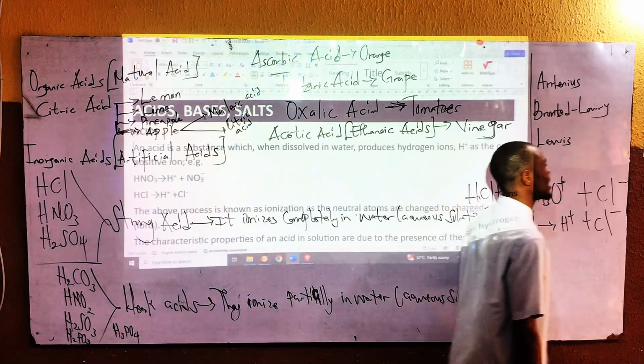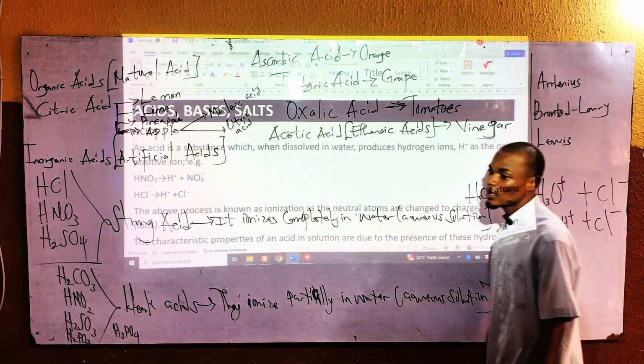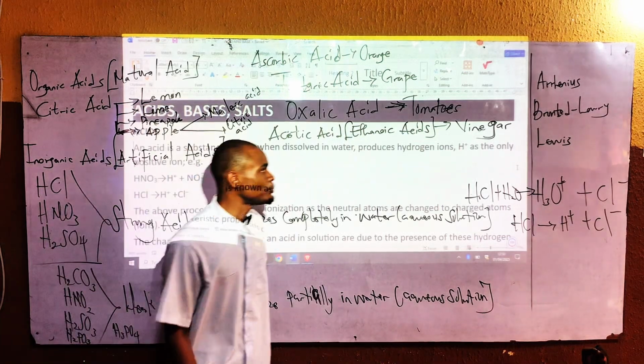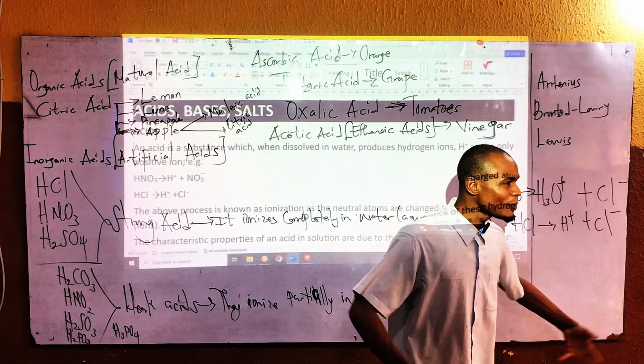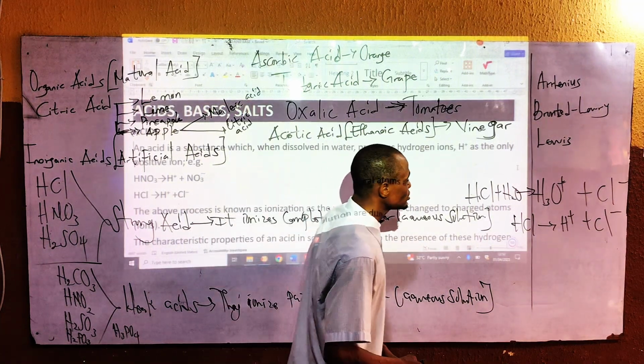Now, Bronsted and Lowry define acid and base based on proton transfer. The acid is a proton donor, while a base is a proton acceptor.